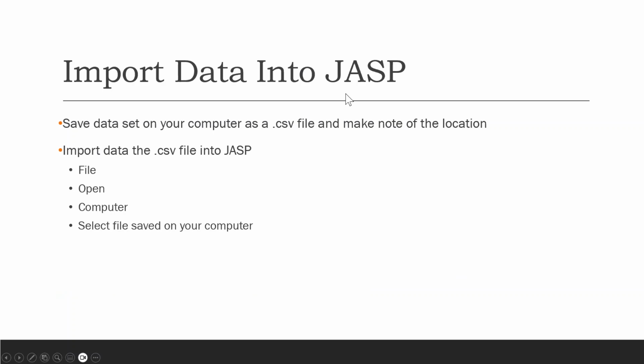Well, the first thing you're going to want to do when you use JASP is to import your data. Now, it's free software created by great statisticians. It goes through updates, and sometimes the updates go beyond what I may have in our notes here.